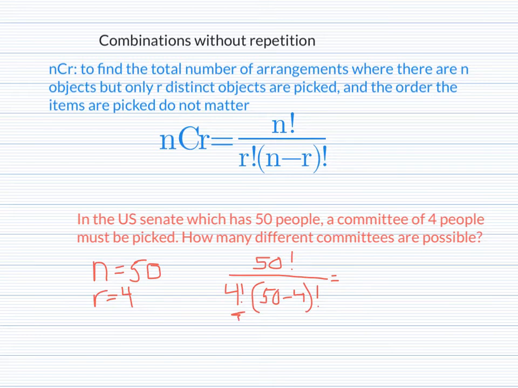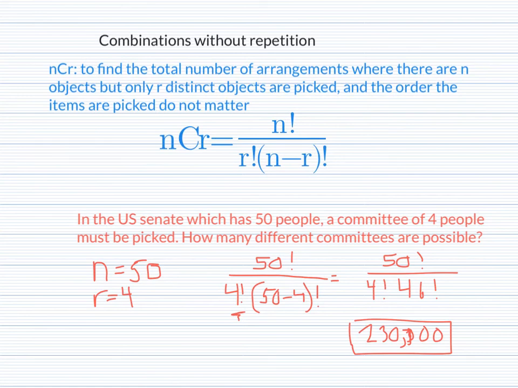We get 50 factorial divided by 4 factorial times 46 factorial. If you calculate this all out, you get 230,300. That's supposed to be a 3. It just does not want to write. So there is a combination without repetition.